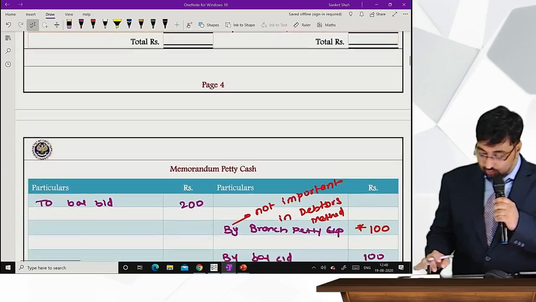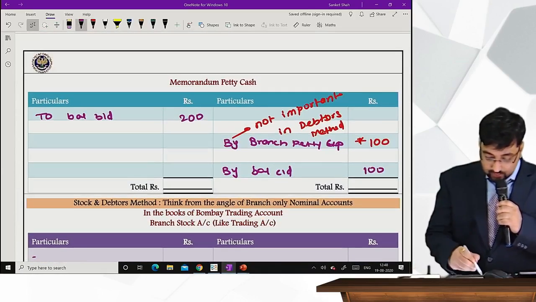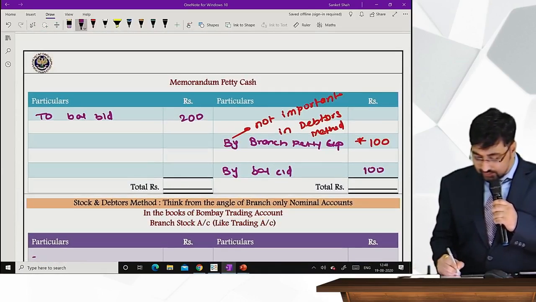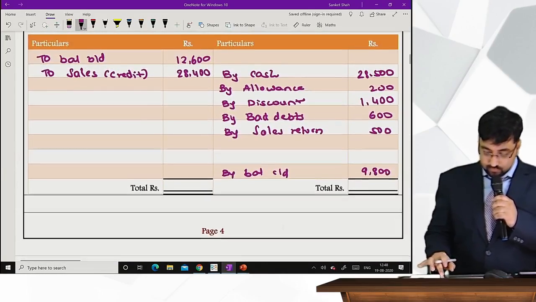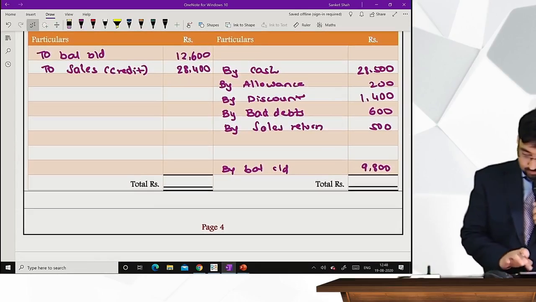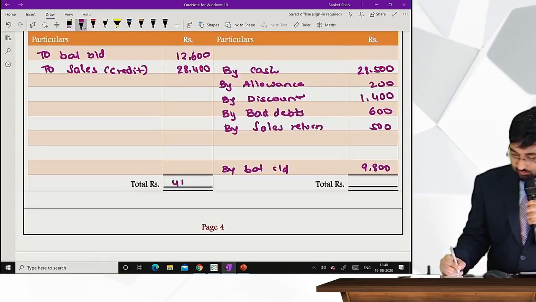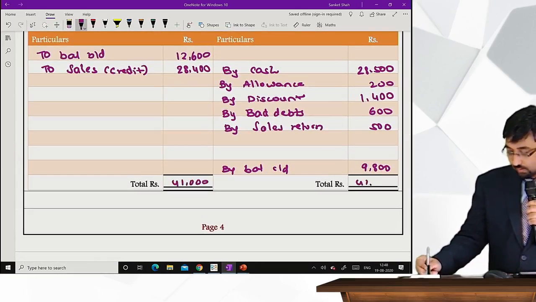So now you can take total. I think debtors account is getting tallied. Correct? I think this is 41,000 only. Check.